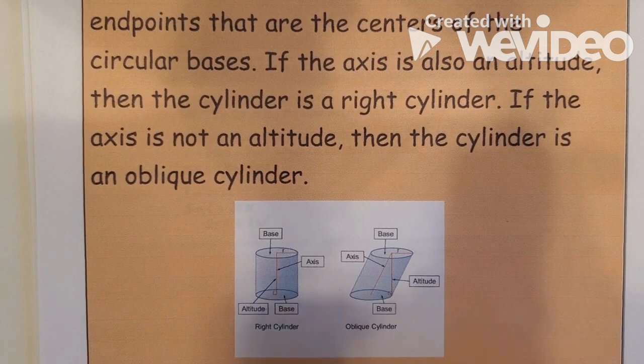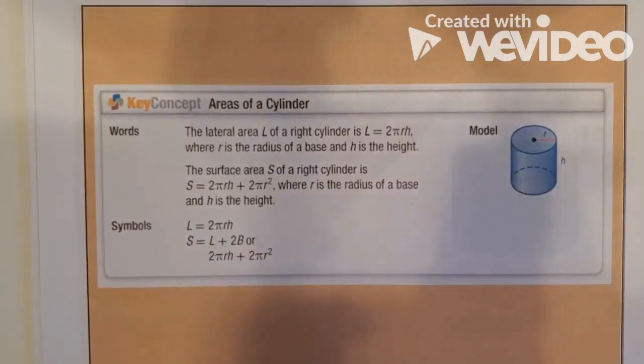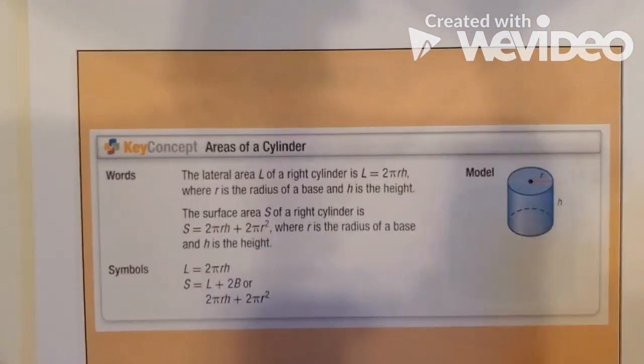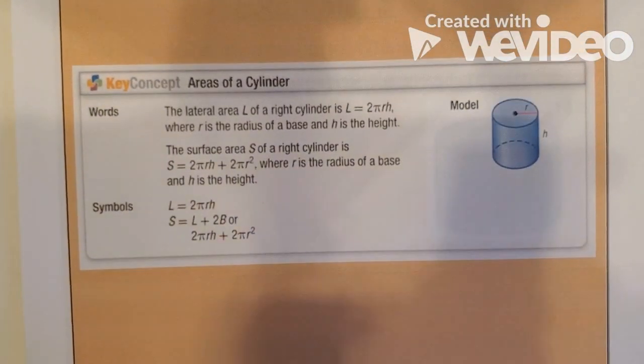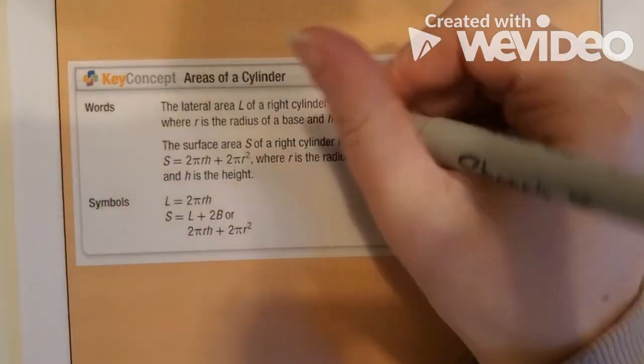And the same thing is also true of prisms, all right? But if you really sat and thought about it, a cylinder is kind of just like a prism with a circular base, sort of. All right? So we can still use a similar idea, lateral area is the perimeter of the base times the height, for the lateral area of a cylinder.